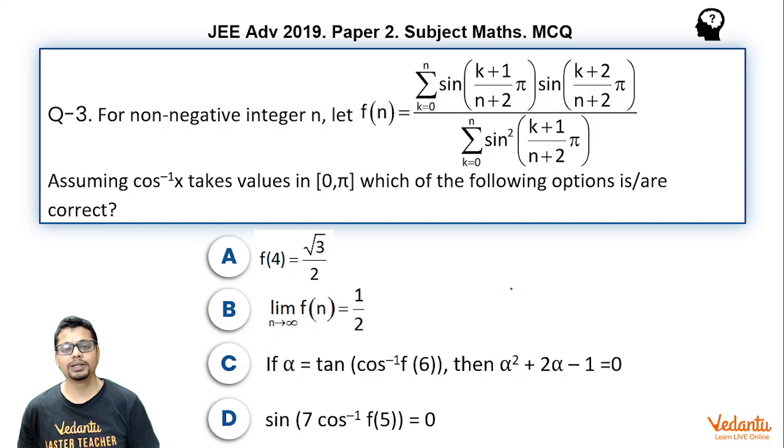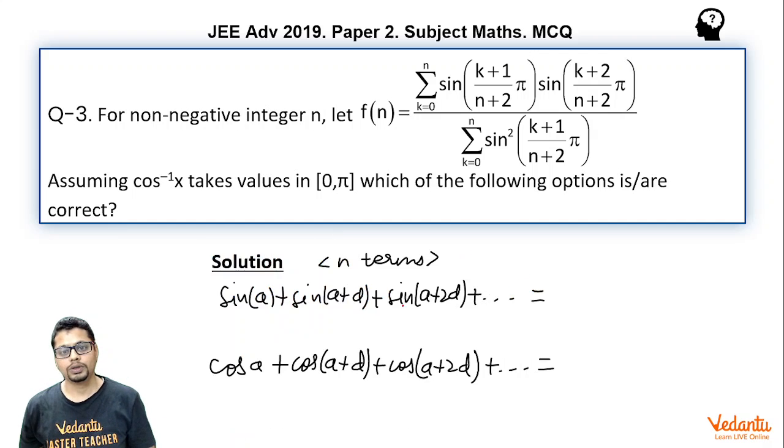So essentially here, if we can find f of n in terms of n, we can comment upon the answers. Now to solve this question, we would need the formulae for sum of sine series and sum of cosine series where the angles are in AP.